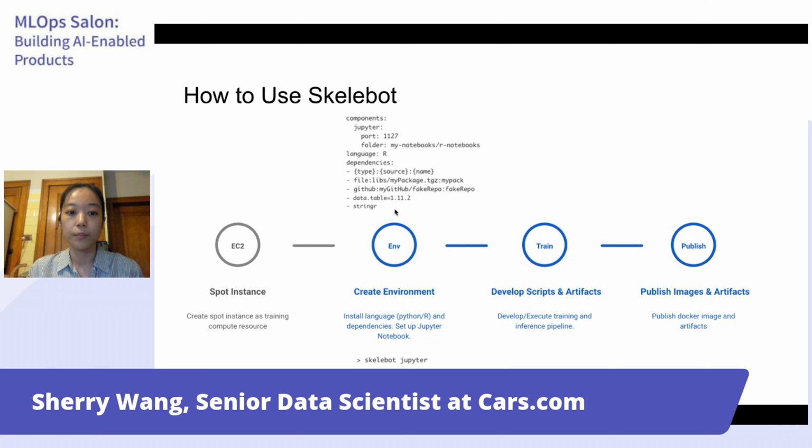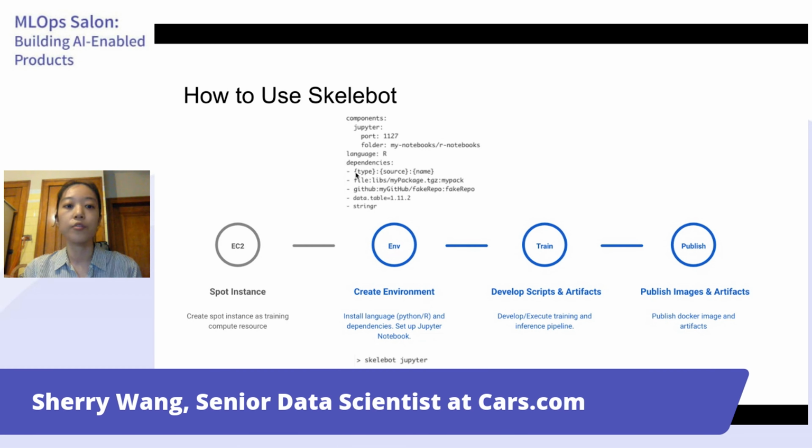Going back to the dependencies, you have two packages that are R packages from CRAN. And you can also specify a dependency that you want to install directly from GitHub this way. You can also specify local files that are developed maybe on your machine that you're using for a different project.